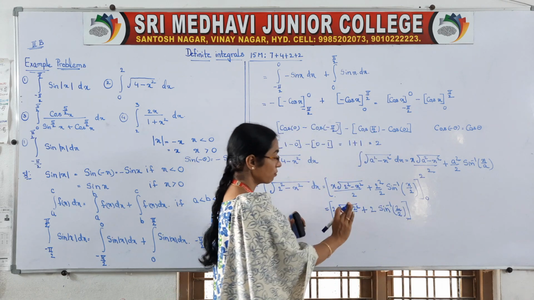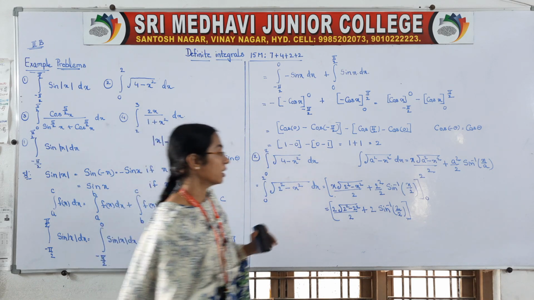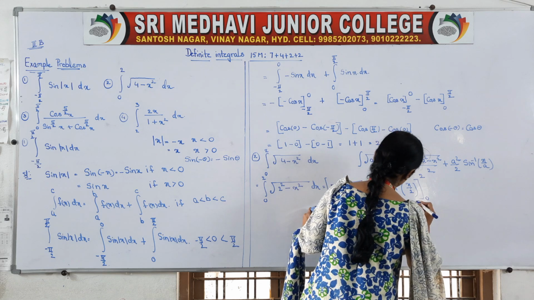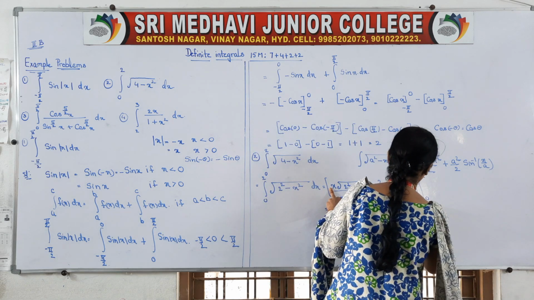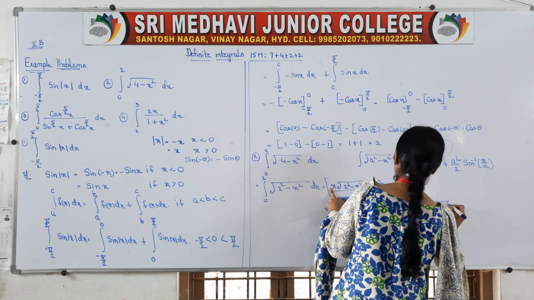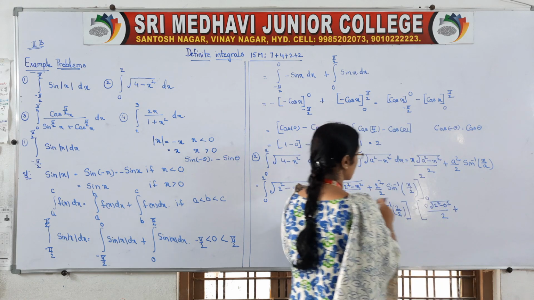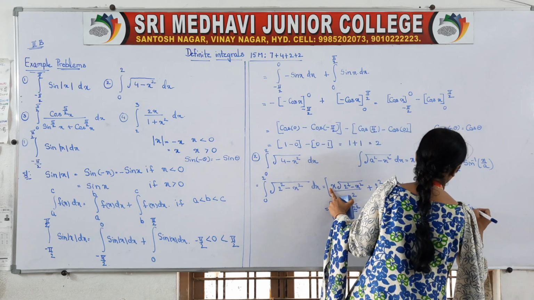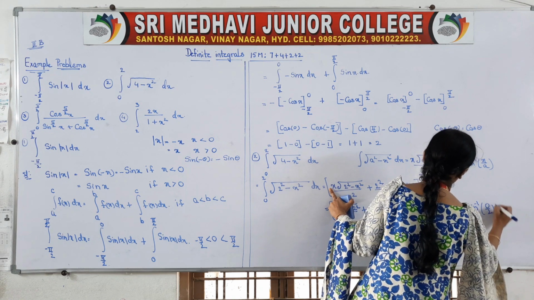In the entire function, wherever x is there, first the upper limit, next minus, and wherever x is there we take 0. So 0 into root of 2 square minus 0 square by 2, plus the same thing, 2 square by 2 means 2, sine inverse of 0 by 2.